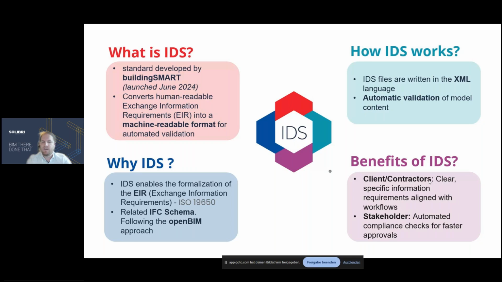It's the client and also the contractors, because you have clear and specific information requirements, and you can use the IDS file all the time to check if your BIM model fulfills the requirements specified in the IDS file. So you have an automated compliance check all the time, if you want to do a compliance check, of course.